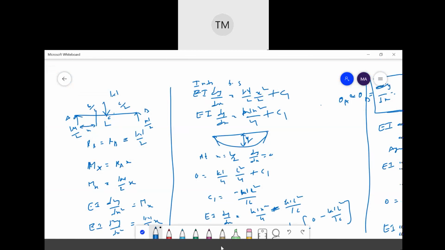So the deflection curve will be like this. At this point you have a maximum deflection.